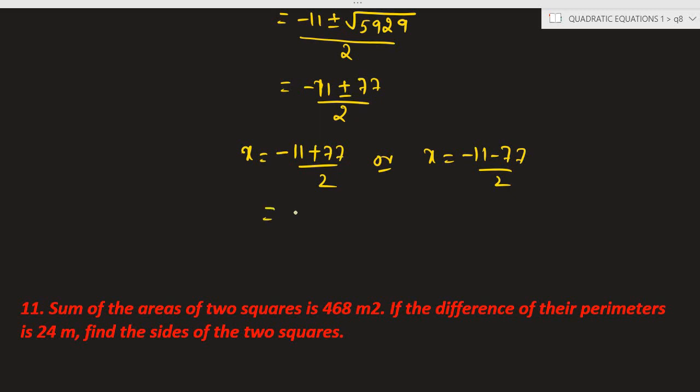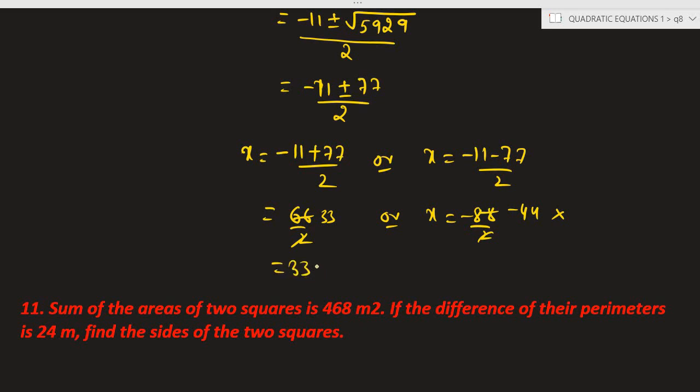See, 77 minus 11 is 66 divided by 2, or x is equal to minus 88 divided by 2. So this is 33, and then this is minus 44, and it should not be the answer. x is equal to 33.